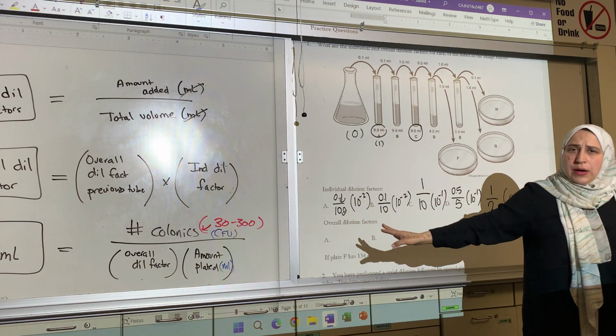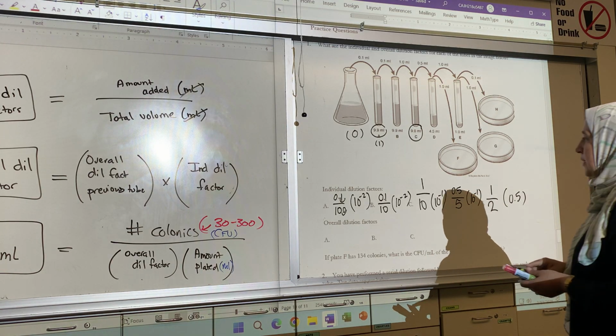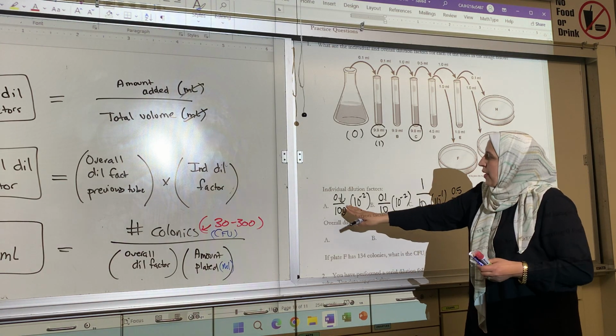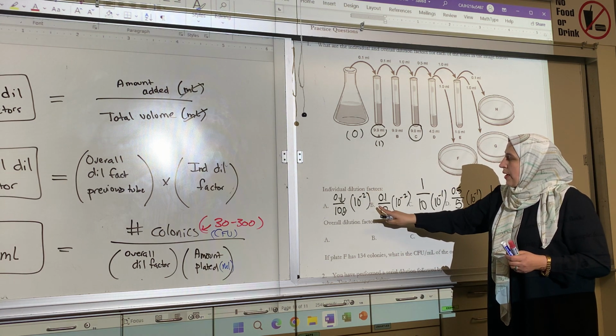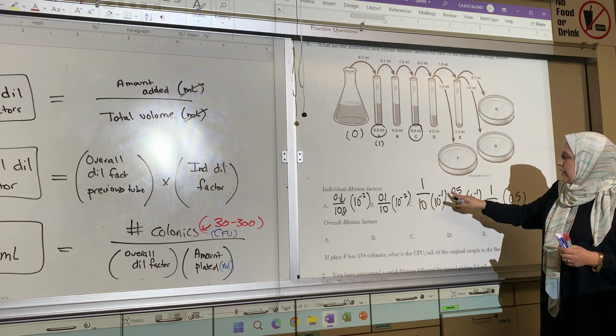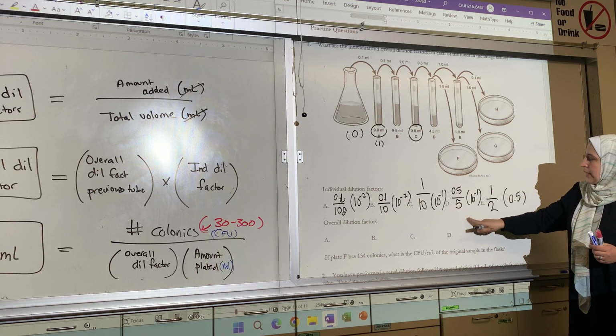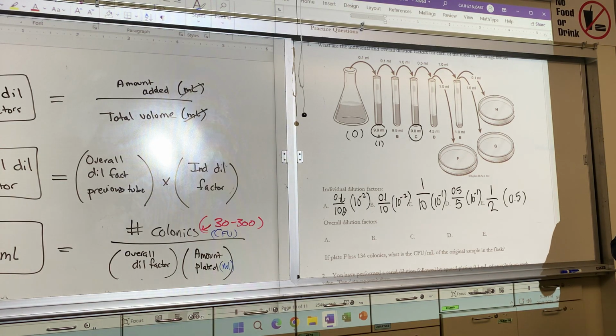And it doesn't matter how you annotate these. You can write it in scientific notation, or you can write it as a decimal or a fraction, but A is a 10 to the negative 2 dilution for the individual dilution factor. B is a 10 to the negative 2 dilution, C is a 10 to the negative 1 dilution, D 10 to the negative 1 dilution, and E is a 0.5 dilution.